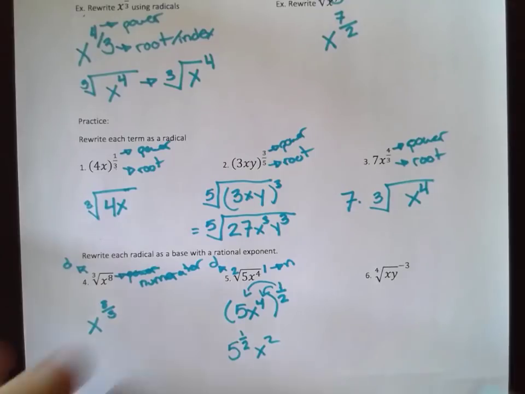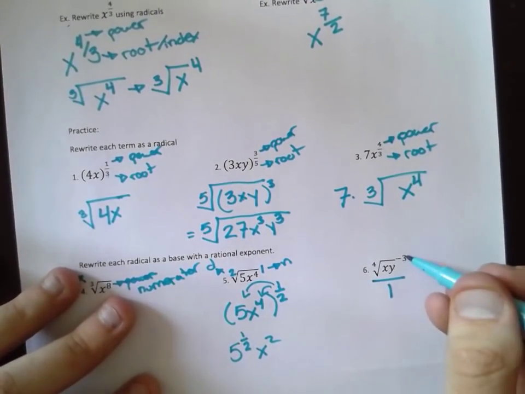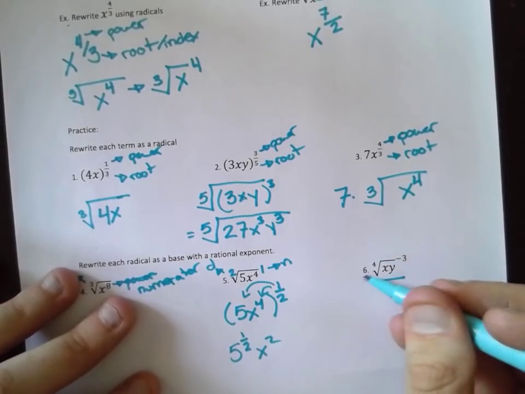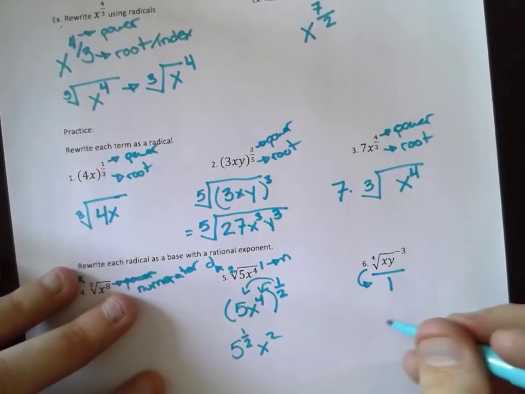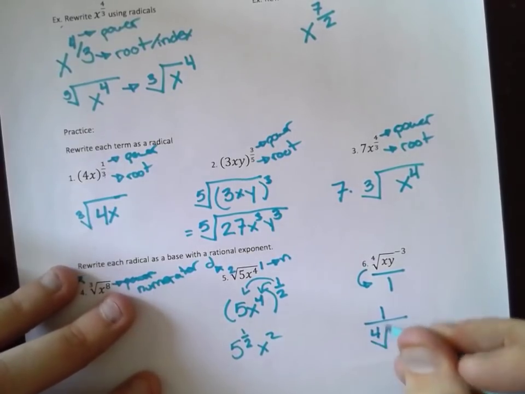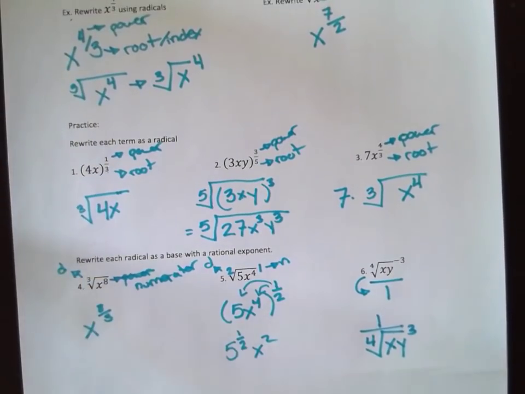So, since I have a negative 3 over 1, this negative 3 is going to cause me to flip everything down below. So I'm actually going to have 1 over the fourth root of xy cubed. Okay, so again, all I did was flip the location because negative exponents cause me to change whether it's in the numerator or in the denominator.